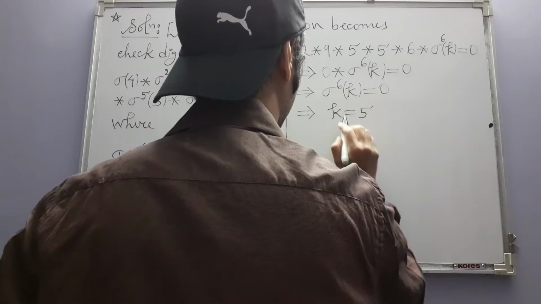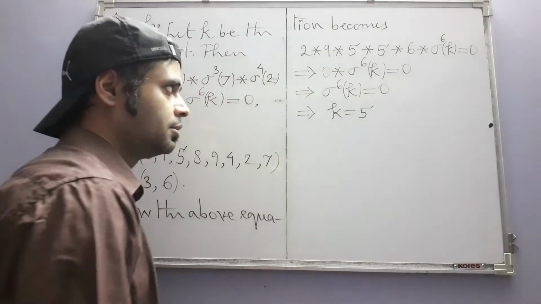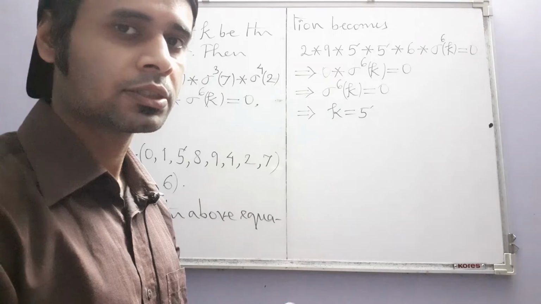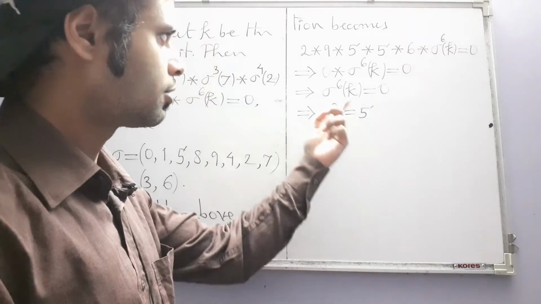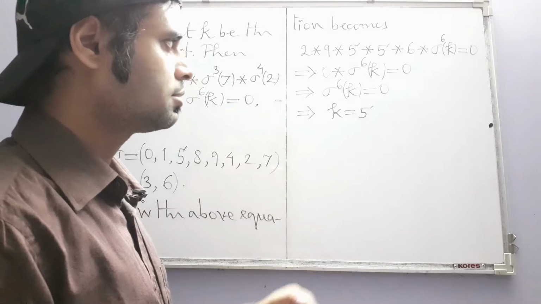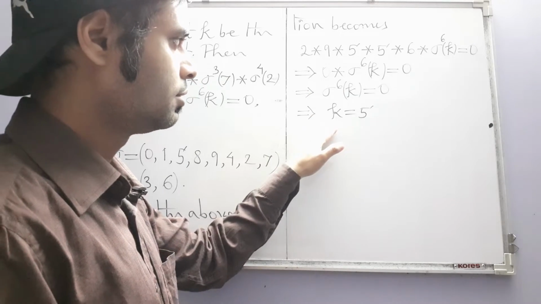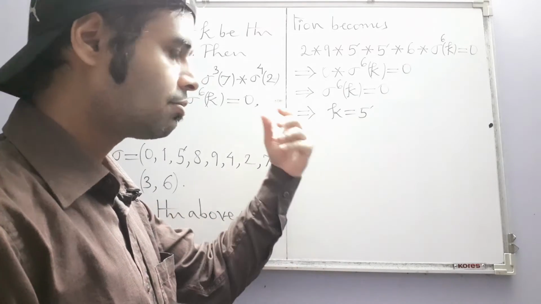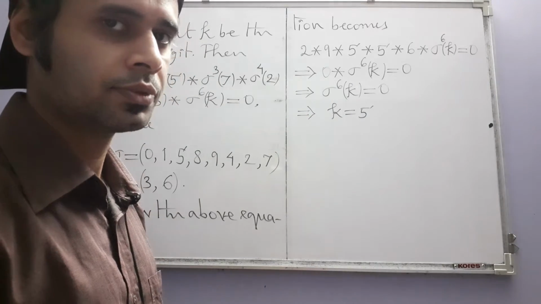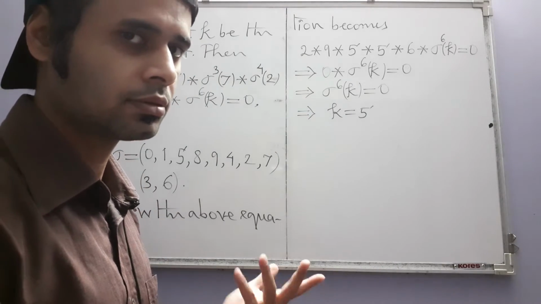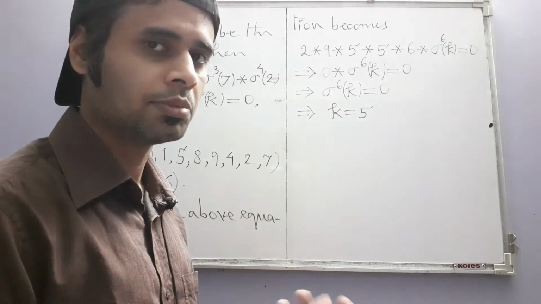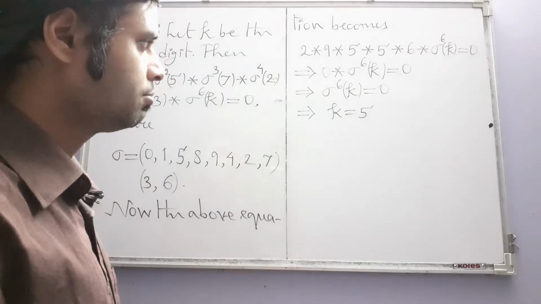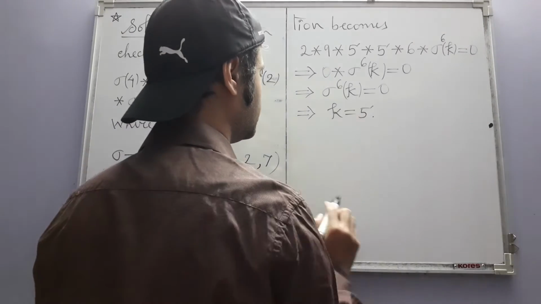In the table where you have the values of these first few powers of sigma, you look at the row corresponding to sigma to the power 6, you will see that in that row sigma to the power 6 of 5 is equal to 0, and 5 is the only element, of course, whose sigma to the power 6 image is 0. So that's why k is equal to 5. So this is the check digit.